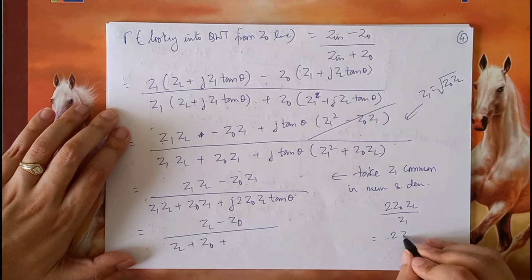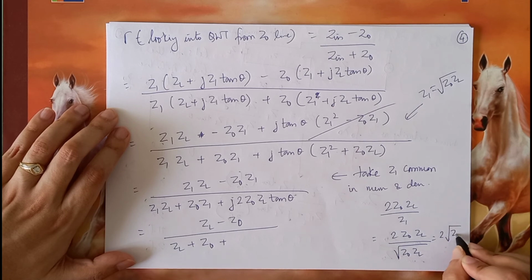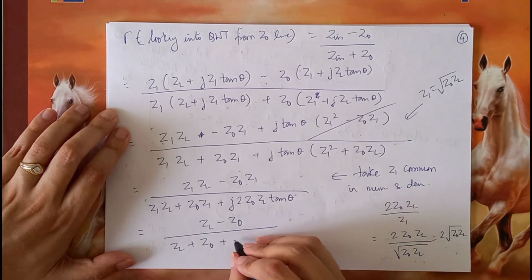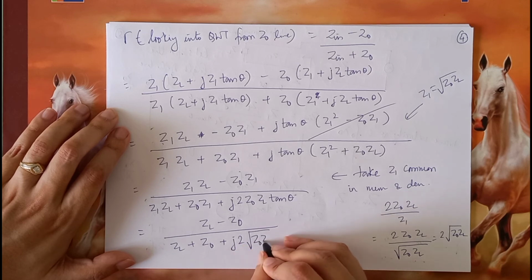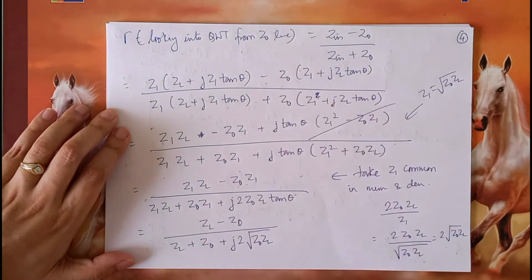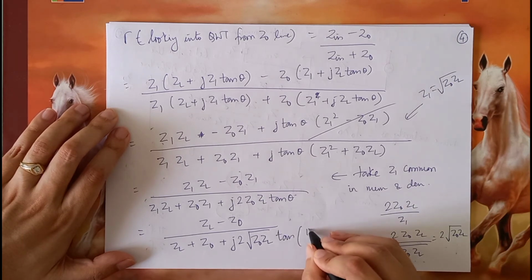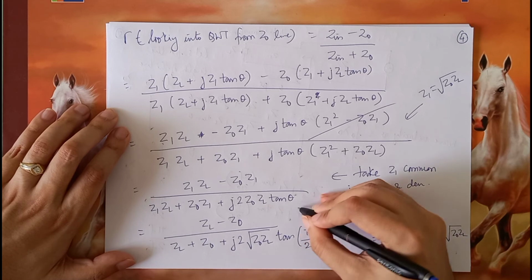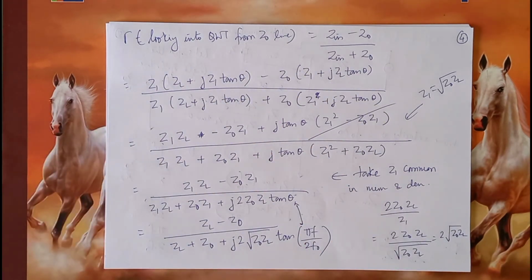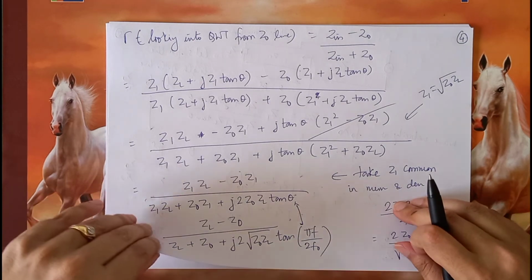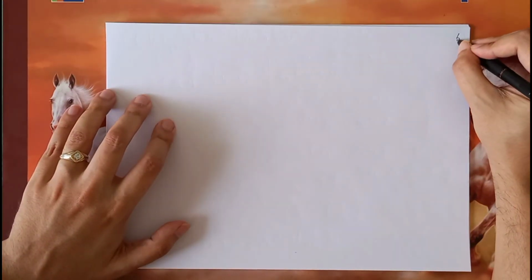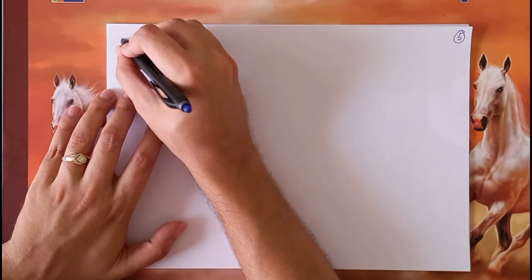So therefore this will be 2 Z0 ZL divided by root of Z0 ZL, that is 2 root Z0 ZL. So let's put this j 2 root Z0 ZL times tan theta. Now let's put theta back to what we had derived, that is pi f by 2 f0. So this is what we have got. So let's rewrite this.